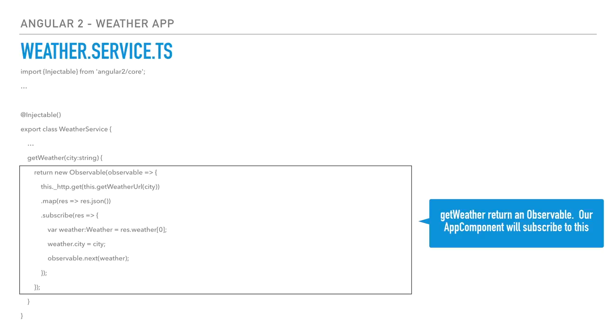We map the result from JSON. This is mandatory every time that we receive a response from an HTTP request, obviously, if the result is a JSON. And finally, we subscribe to the stream of data that is produced and we process our weather. So we are just creating the weather. And the final part, and super important, is to call observable.next.